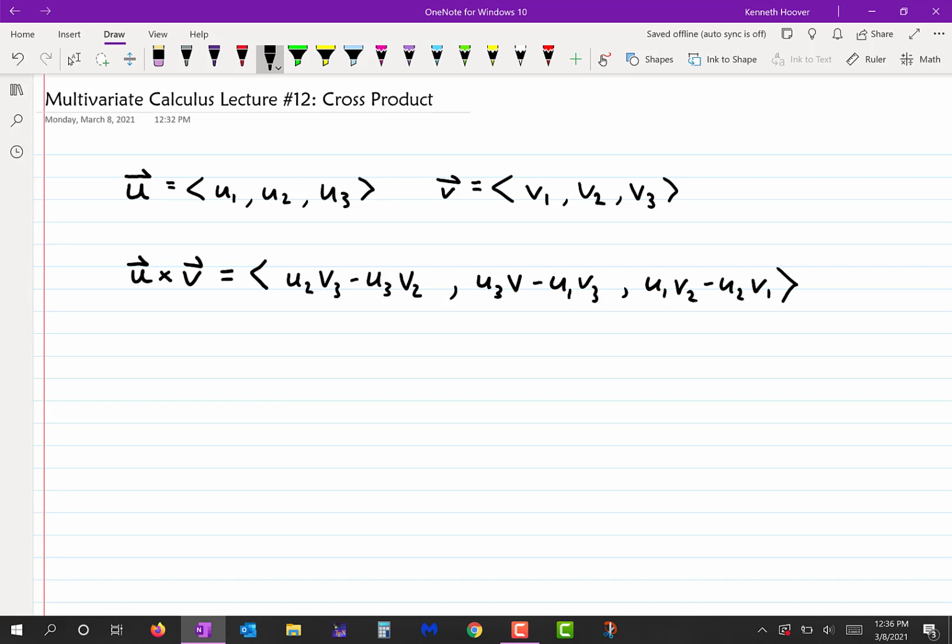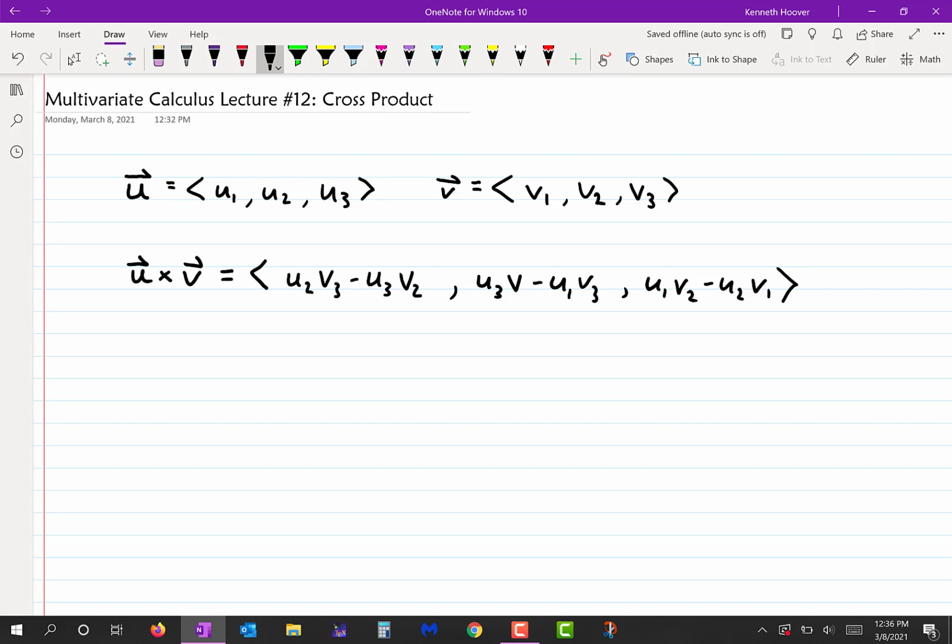However you can remember that formula is fine. The book goes into one way of remembering it using something called determinants. But we don't need determinants for this. All we need is that formula right there. I don't want to get into determinants right now.